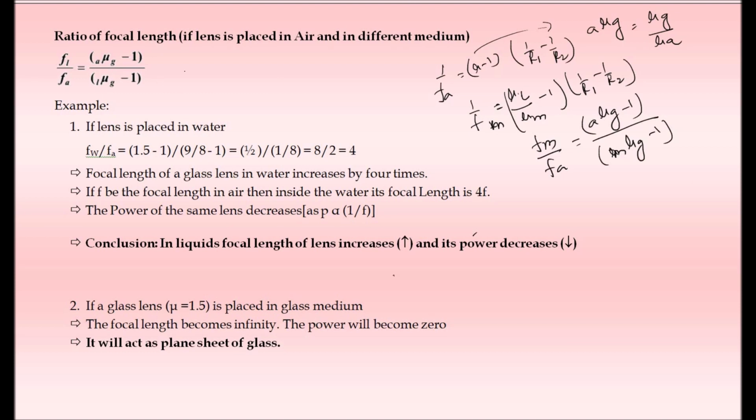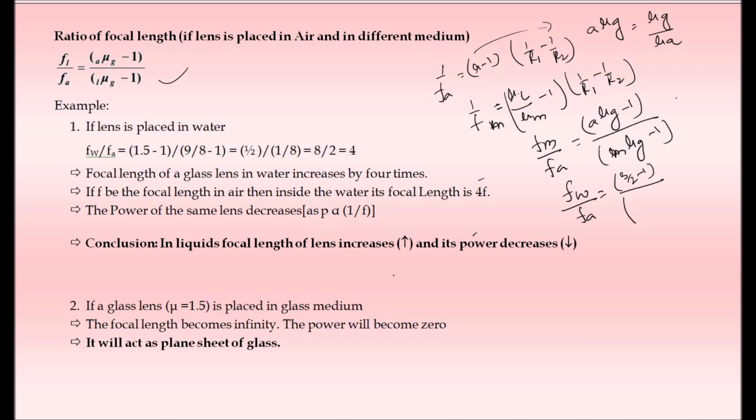So this concept is written here, and if a lens is placed in water, then we have to write the ratio of focal length. Here a mu g is 3 by 2 minus 1 over w mu g.